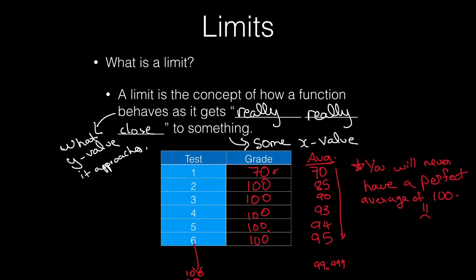However, let me ask you this. The further down you go, the closer you get, like 99.99999. How far apart is 99.99999 from 100? Not much, right? In many cases, this is almost the same thing as 100. Sometimes it's just rounded up.